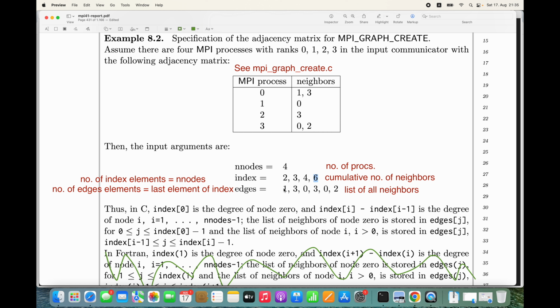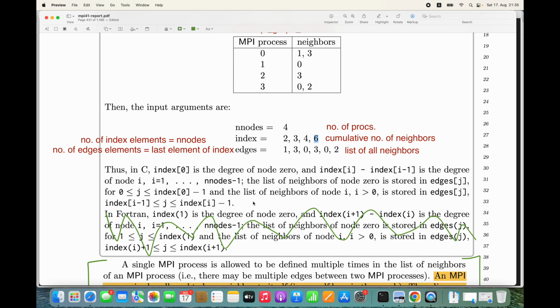So we have 6 elements here. Why the last number? Because it's the cumulative number of neighbors. So the last element shows how many total neighbors you're going to have in your virtual graph topology. That's basically the meaning of it.